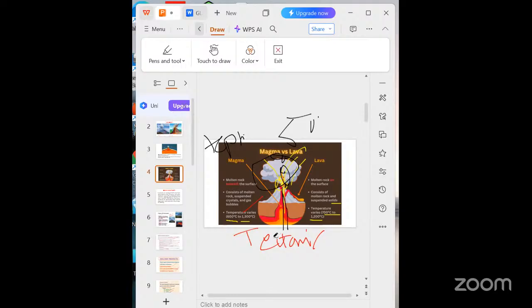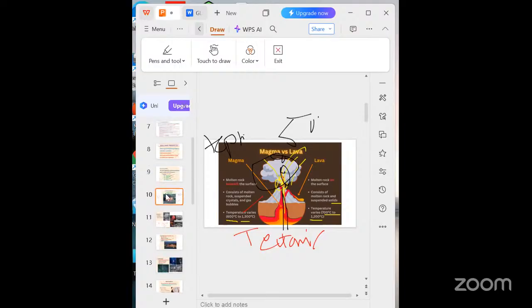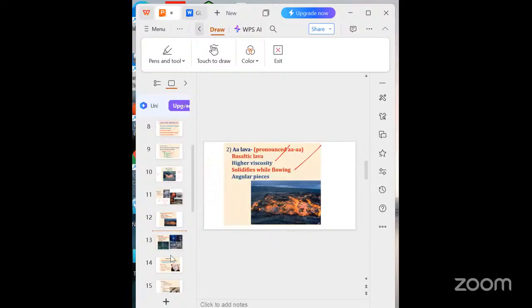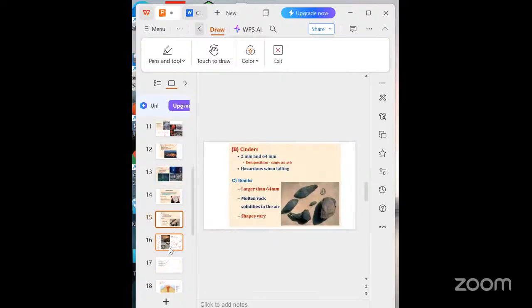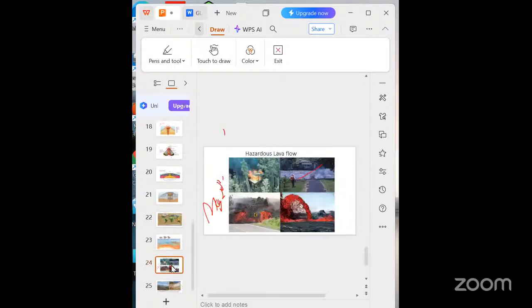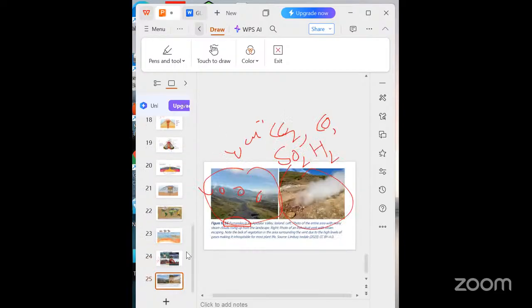Steam makes up the majority of gas that is released by a volcano, followed by carbon dioxide, and which one? Right? And sulfur dioxide and also hydrogen chloride, right?